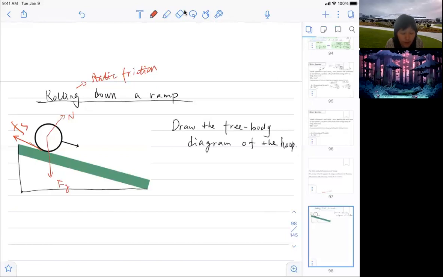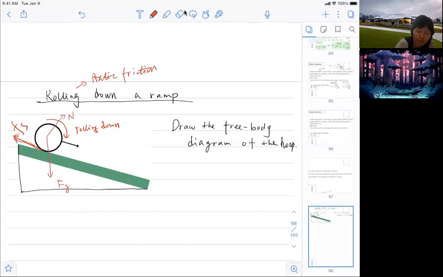Yes, so here, the object is rolling down the ramp. And you can see that the direction of the friction should give us a consistent rotation that is rolling down, right? Imagine a force applied up in this direction is making this entire rotation clockwise, which is consistent.